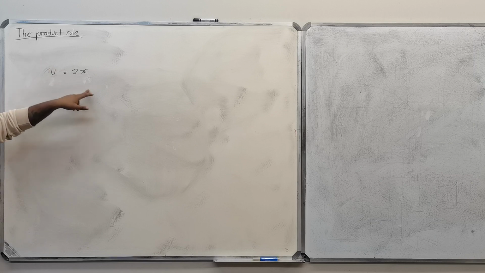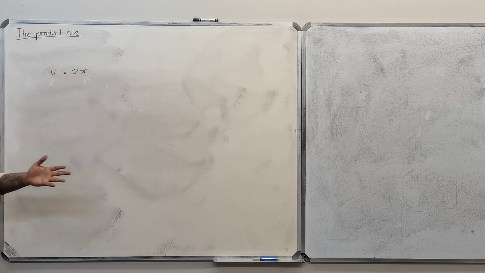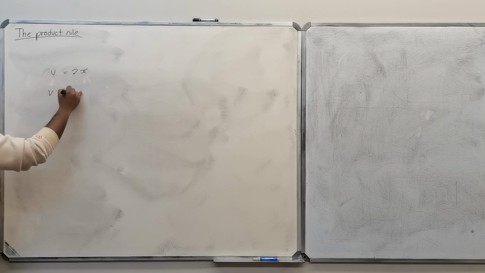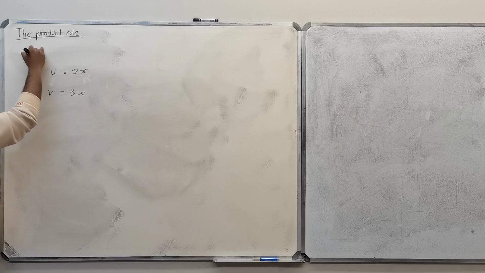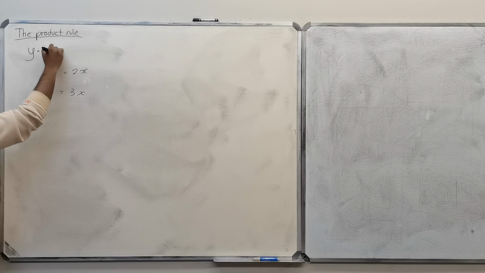And if v, let's say that was equal to 3x, is a function of x, and the equation is y is equal to u times v.